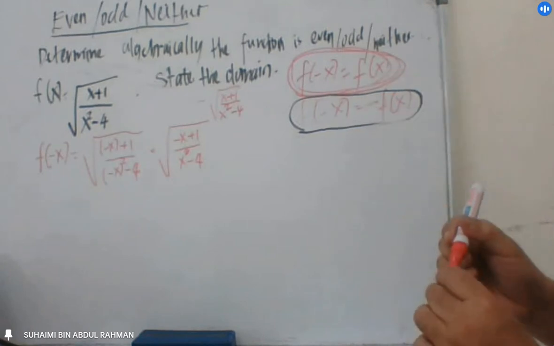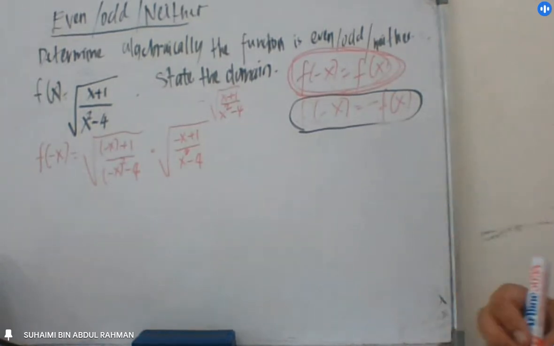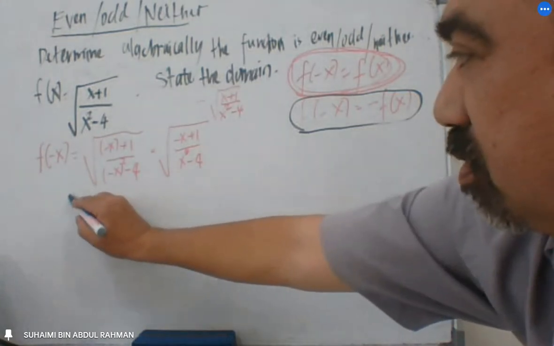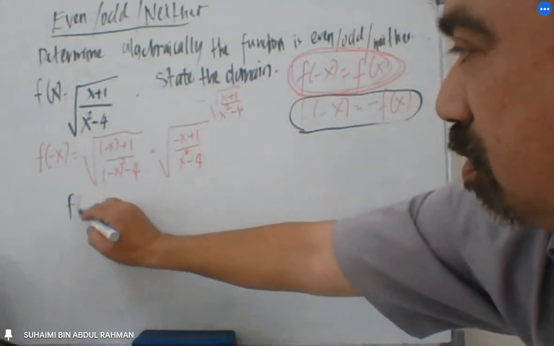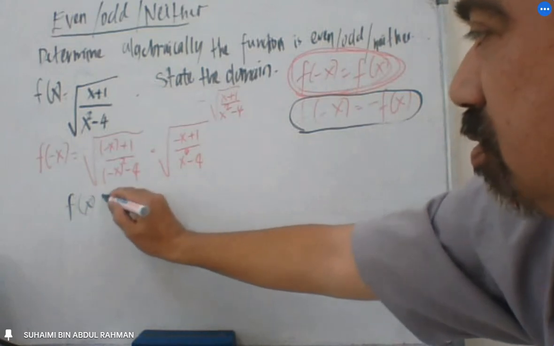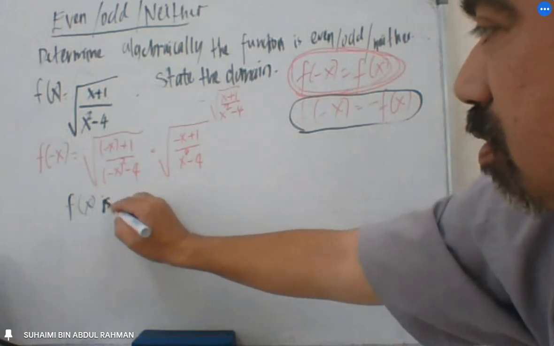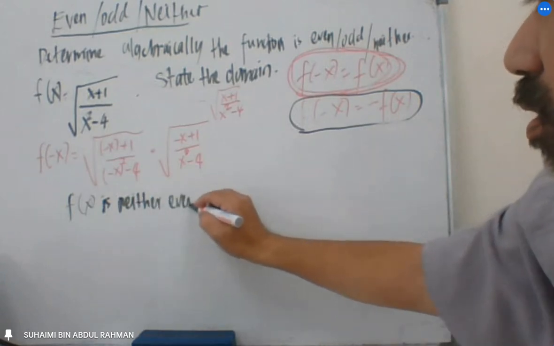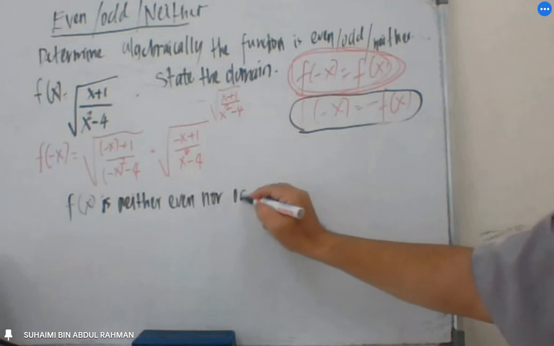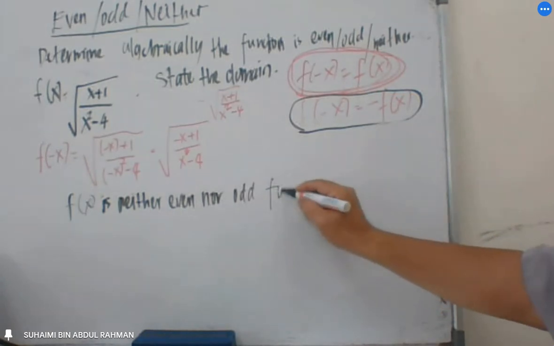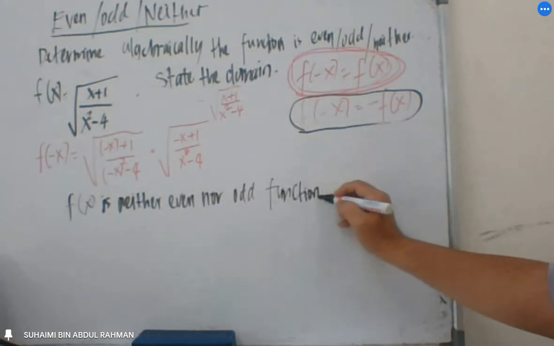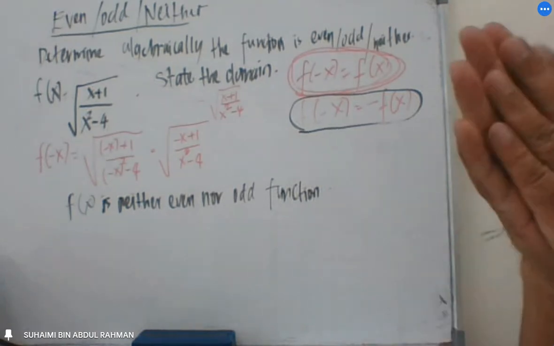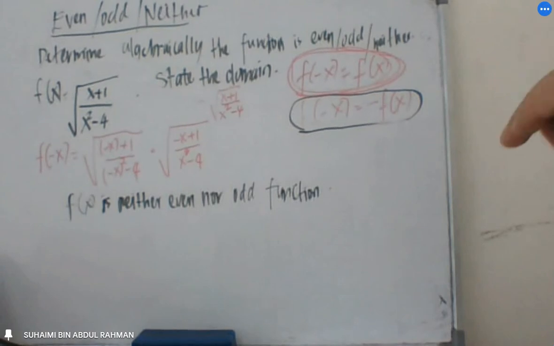Therefore, this is the case of neither even nor odd. f(x) is neither even nor odd function.